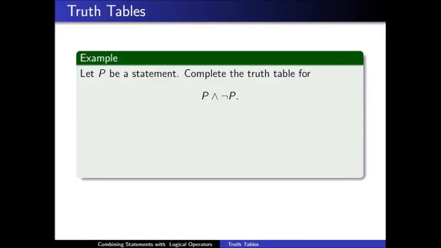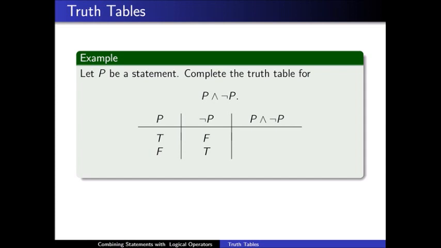In this example, let's consider the conjunction P and not P. We begin with only one statement, so there are only two possible cases to consider: when P is true and when P is false. Of course, not P has the opposite truth values of P. Now, for P and not P to be true, we just need P to be true and not P to be true.